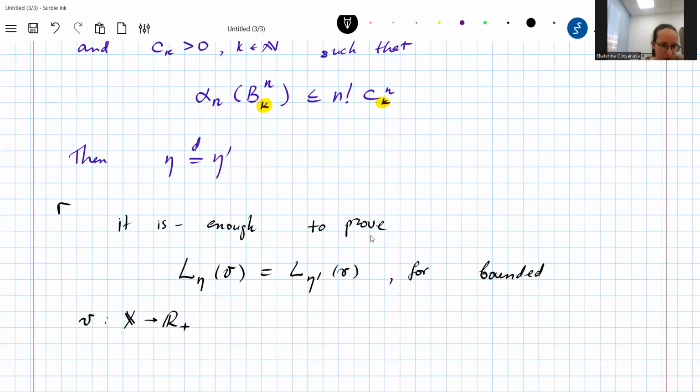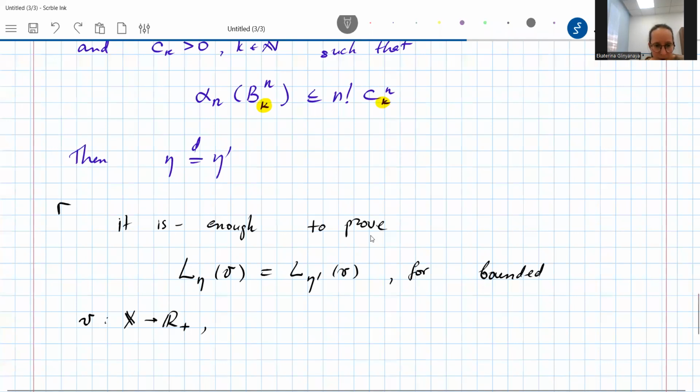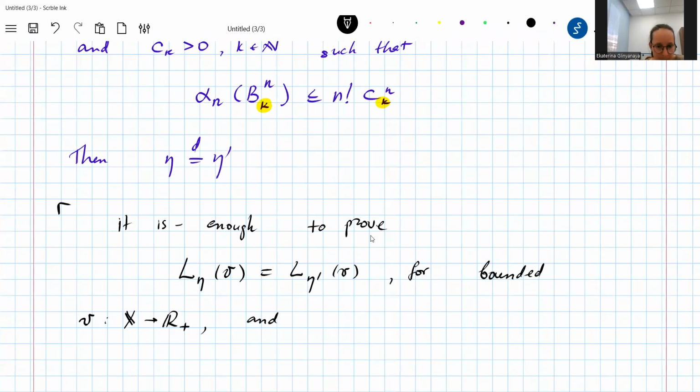But in our case, we can consider only those which are zero outside some subset B_k, that is, v(x) is 0 for x not in some set B, where B is one of these subsets.